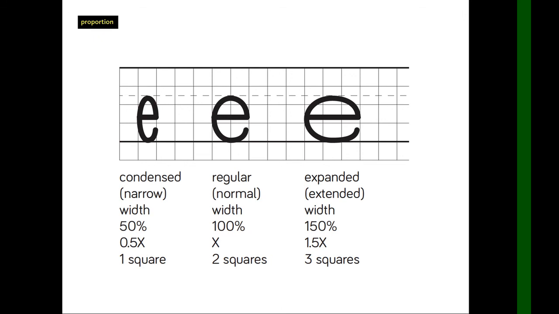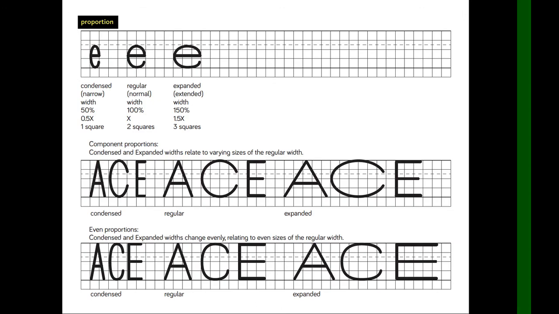If our regular is 2 squares wide, to go to the expanded width would be 3 squares wide. It will be fairly simple with the lowercase, since most letters are only 2 squares wide. It gets a little bit more complicated with our uppercase. You remember we have our 2 different proportional systems for uppercase. We have the component proportions and we have the even proportions.